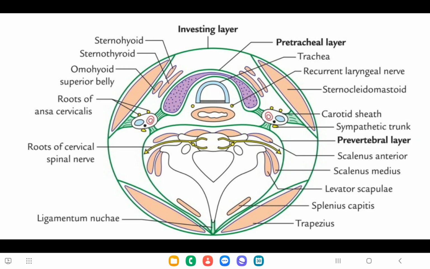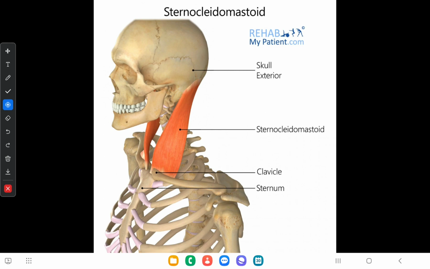Then let's talk briefly about the sternocleidomastoid muscle, which is also a key muscle in the neck. Sternocleidomastoid muscle takes origin from two bones of the shoulder girdle. You can see very clearly here, and is inserted into two bones of the cranium. So it originates from the sternal and clavicular heads.